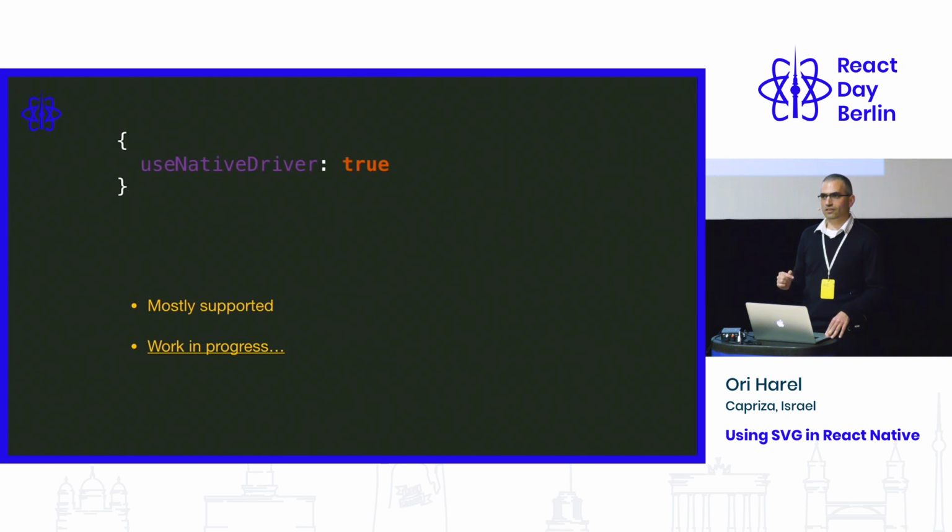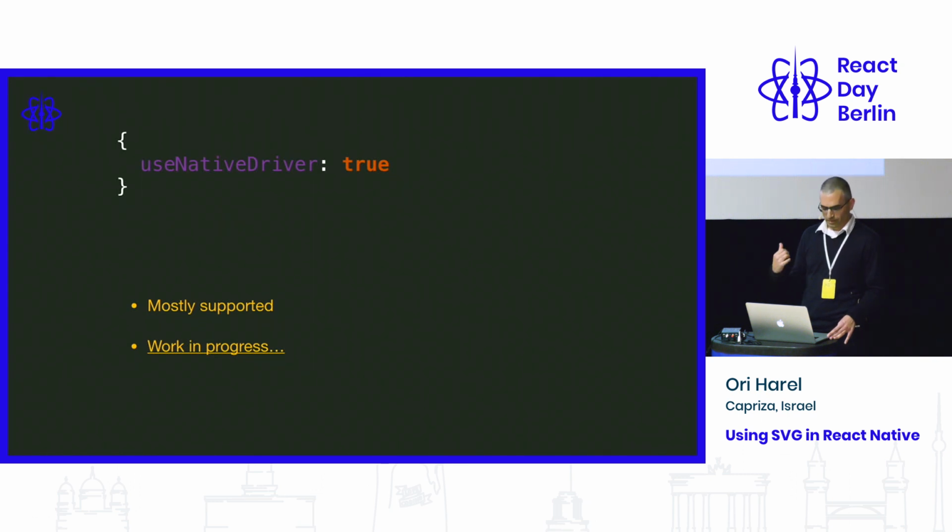However, when I did this talk about 4 months ago, actually it was not supported at all. But now I can say that most of the properties for most of the elements that I showed in React Native SVG do support useNativeDriver, and that's thanks to the work that these guys are doing right now, and they're actively working on completing the entire set, especially the path element, which is very, very challenging, but we are working on it.